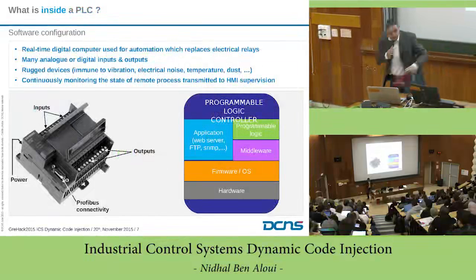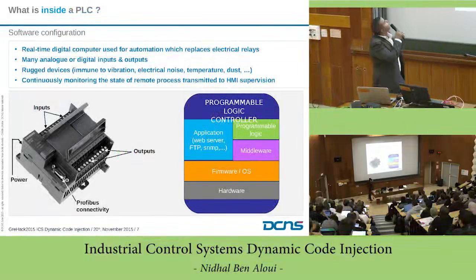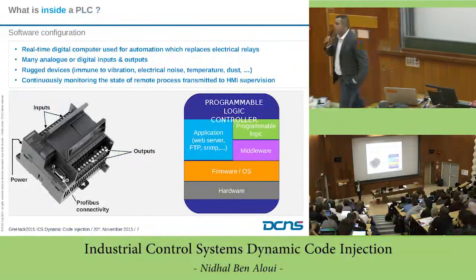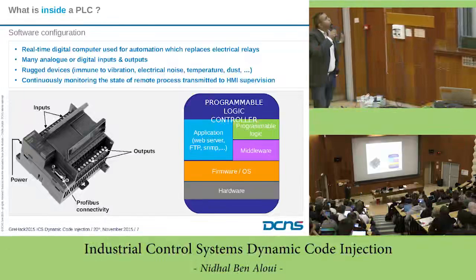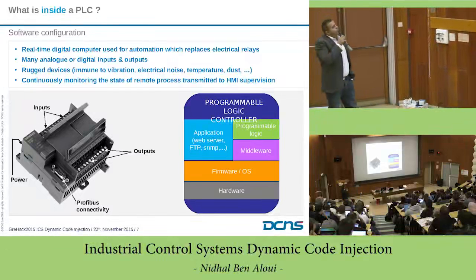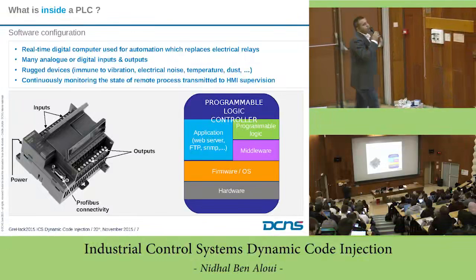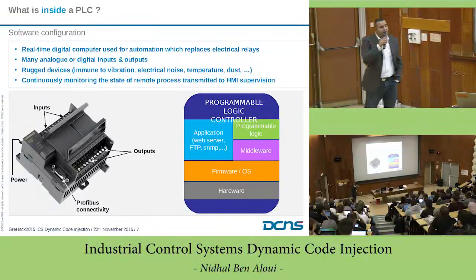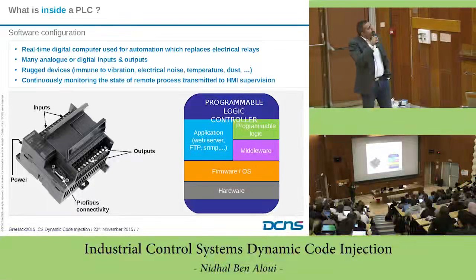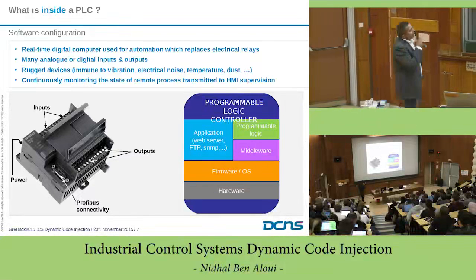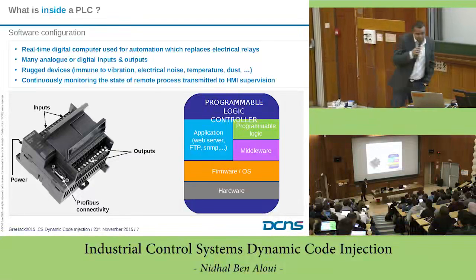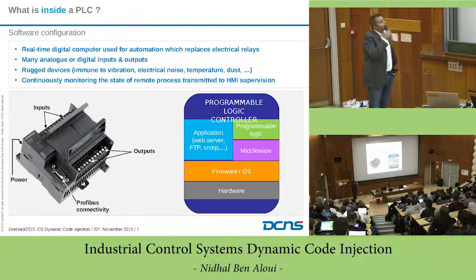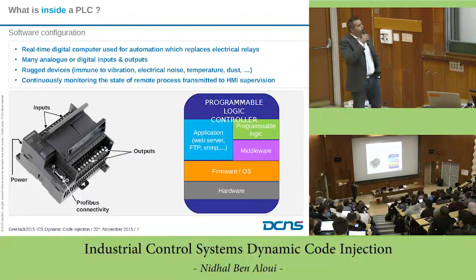So let's talk about software configuration. What we have inside the PLC. So the PLC is a real-time digital computer used for automation. I don't need to repeat the definition of the equipment. Here we have an example of another model, an S7-400.